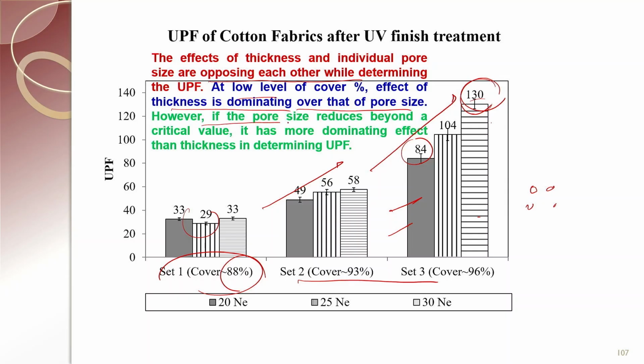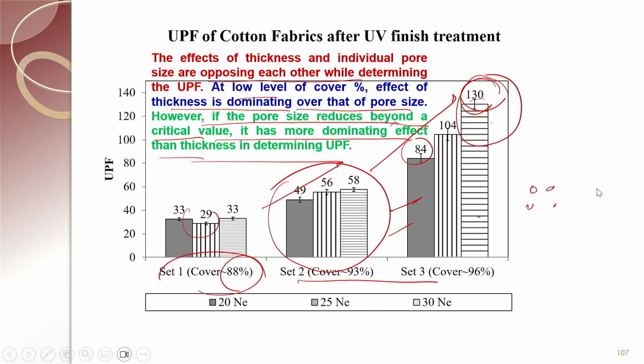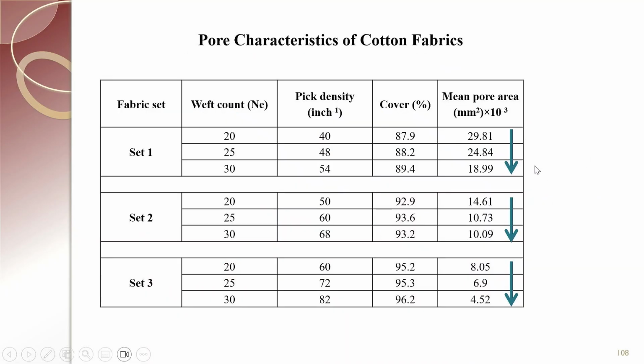However, if the pore size reduction crosses the critical value, it has a more dominating effect than the thickness in determining the UPF. So, here we will see the pore size is more dominating than the thickness, particularly for the UV finished case.